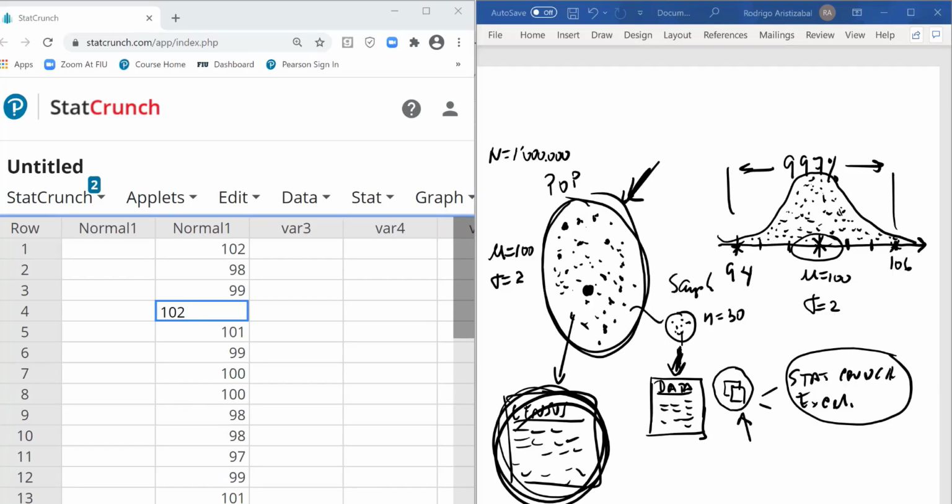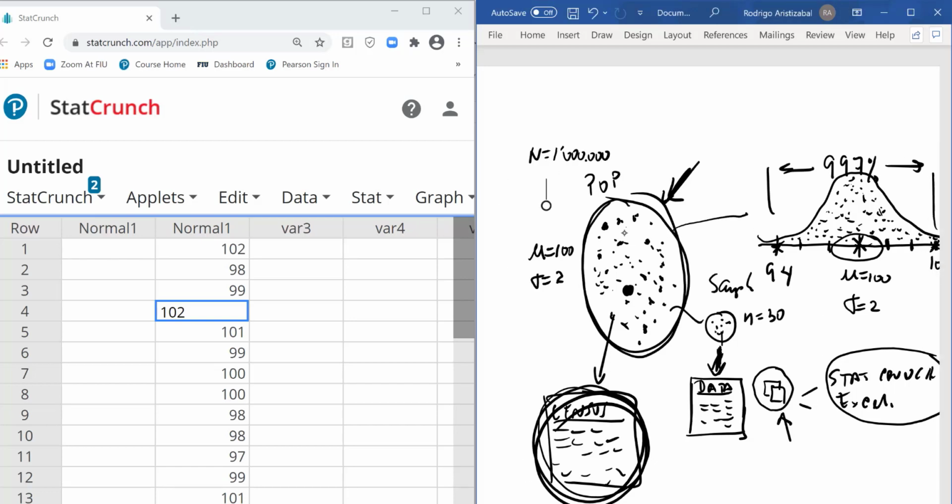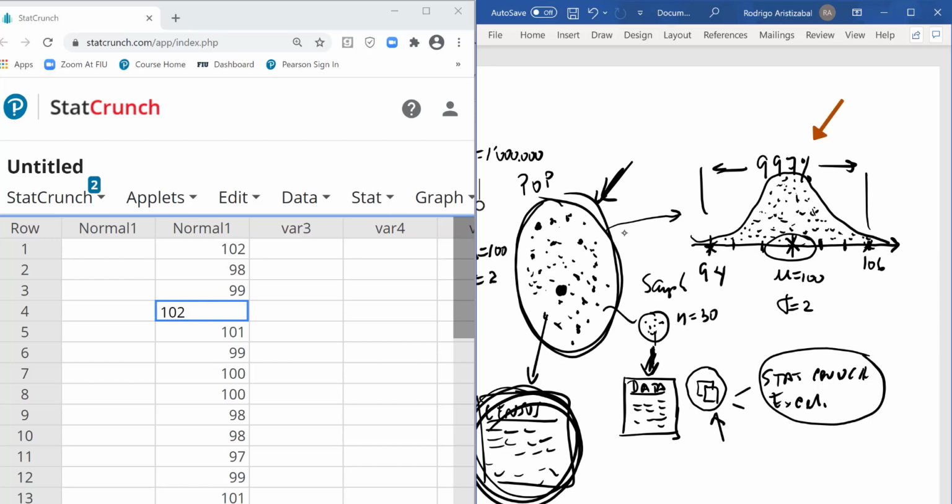We can list in the census each member of the population with its corresponding number and its measurement of the characteristic in which we are interested. Or we can plot all of these points on this number line according to each measurement to obtain this pile, this normal distribution.